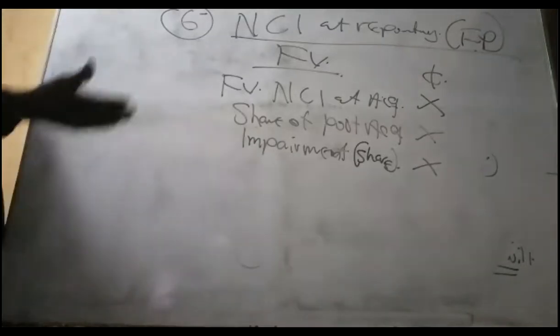Then basically we are done. You put all this together, subtract impairment, and then you get the NCI at reporting. This is the fair value method.